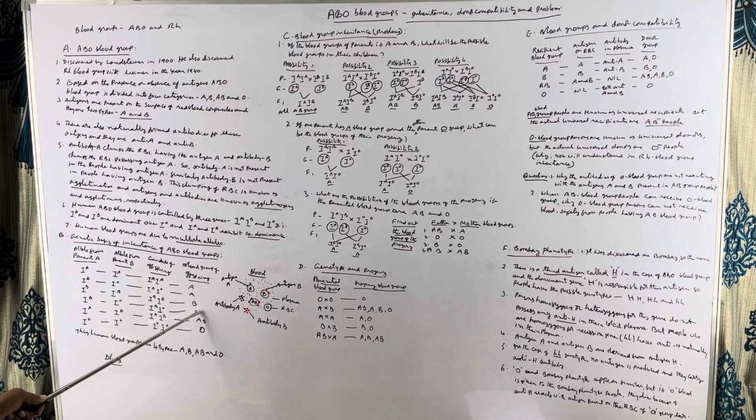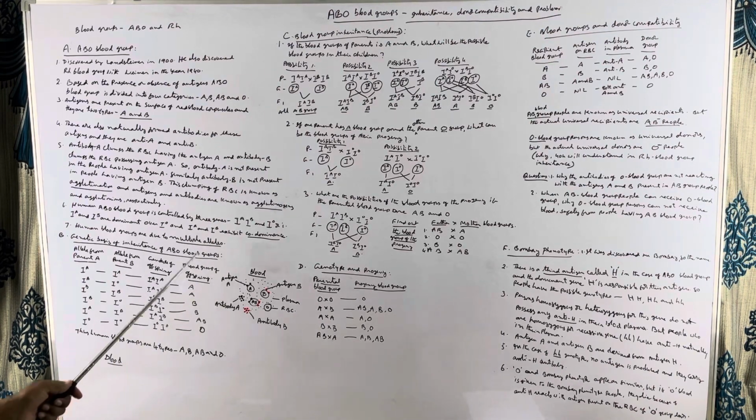So naturally, the blood group will be B. If one parent contributes dominant gene IA and the other parent contributes dominant gene IB, then the combination will be IA, IB and the blood group of the child will be AB. If both the parents contribute recessive alleles, then the child receives two recessive alleles and the blood group will be O. In this way, the blood groups are inherited by the progeny from their parents.